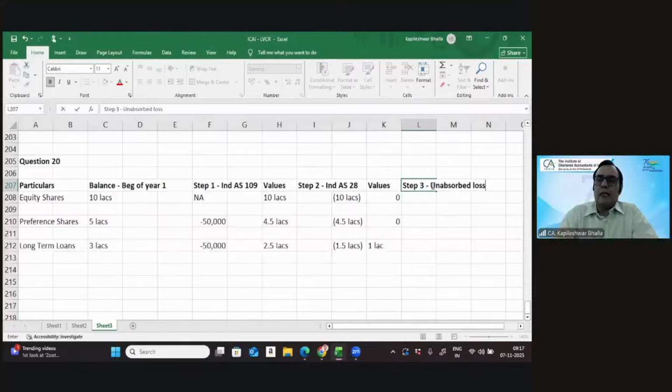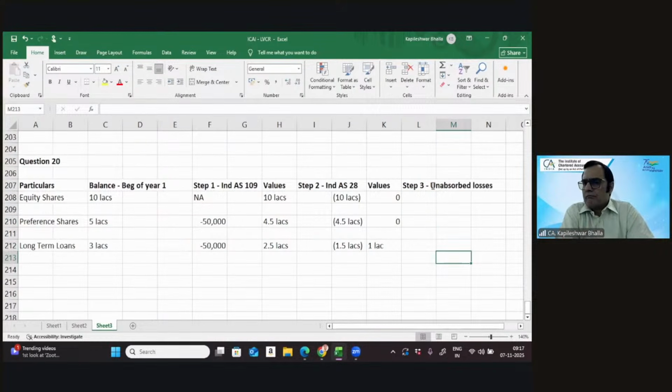Tell me, are we getting any unabsorbed losses in this particular case? I think we've already incorporated the entire 16 lakh. So can I say unabsorbed losses in this case is 0. But it'll be a good practice to note the unabsorbed losses at each stage as you proceed. I hope you got the 3-step model simple and straight indeed.